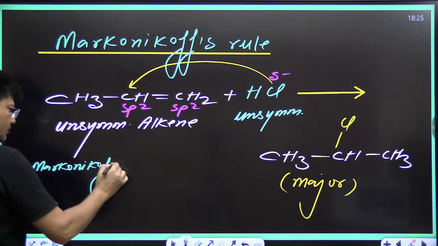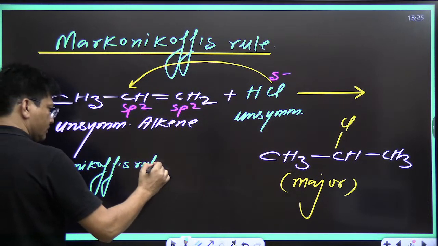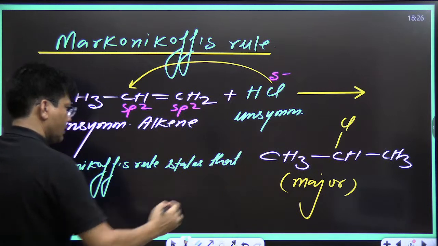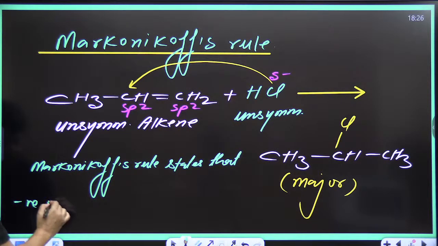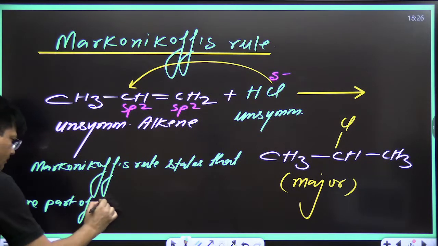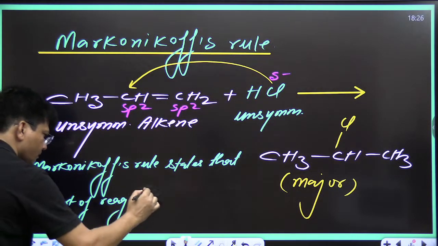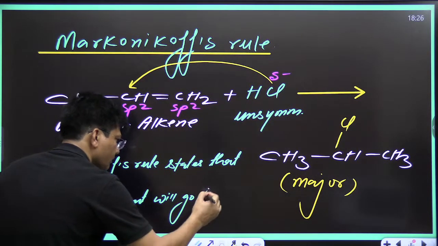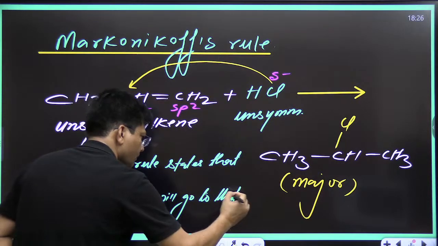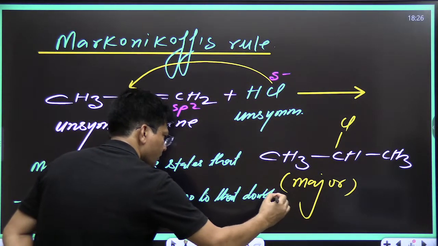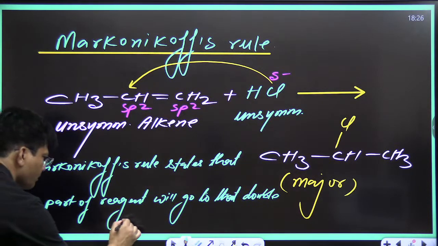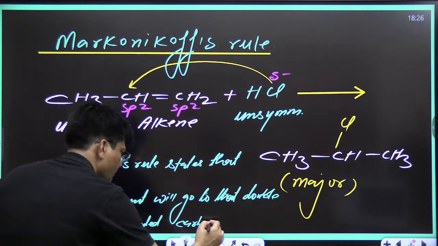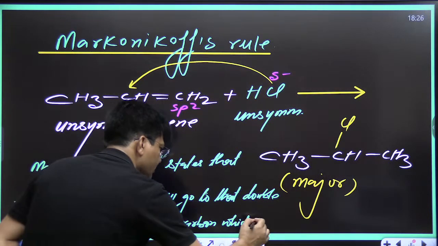Markovnikov's rule states that the negative part of the reagent will go to that double bonded carbon which has less number of hydrogen atoms.